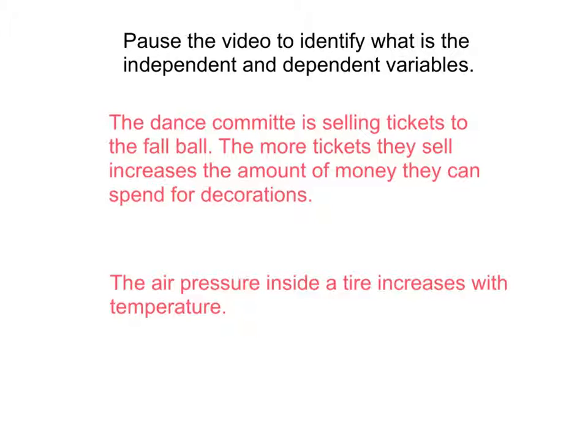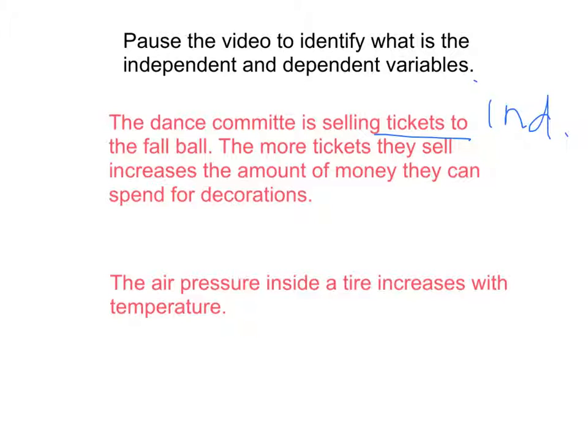Pause the video to identify the independent and dependent variable of each example. The dance committee is selling tickets to the fall ball. The more tickets they sell increases the amount of money they can spend for decorations. The number of tickets sold is the independent variable because it is unaffected by the money spent on decorations.